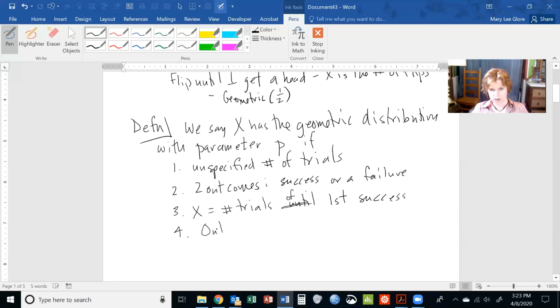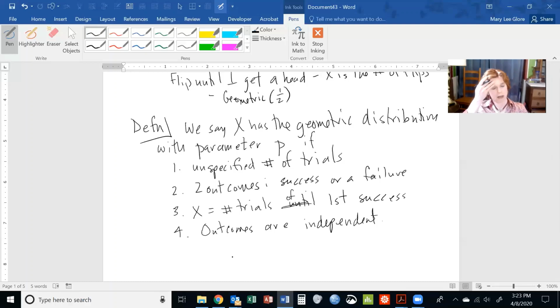Still, our outcomes are independent. Flipping a coin repeatedly, each flip is independent because the probability is a half every time. So no matter what happens in the first flip, it's not going to affect the probability of the next flip.